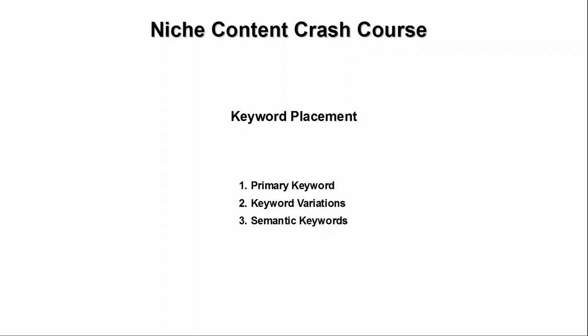So, for example, if you're writing a page about the Ford Mustang, the word car and the word cars would certainly be semantic keywords, but you're not really getting a lot of difference there. You're more or less using variations of the same semantic keyword in that situation.